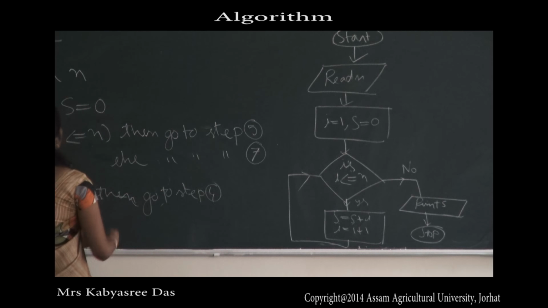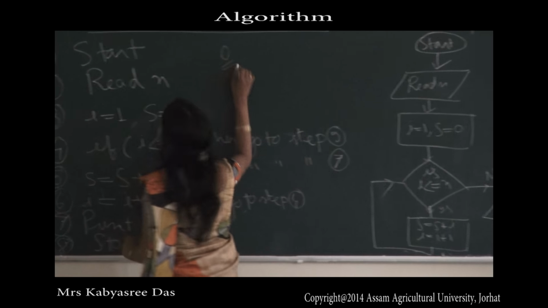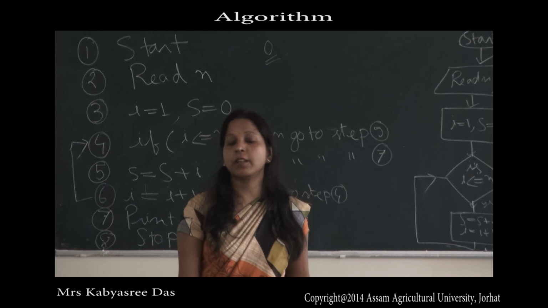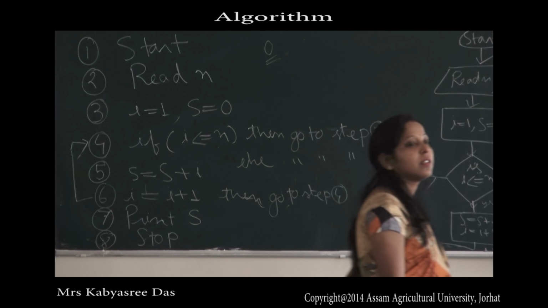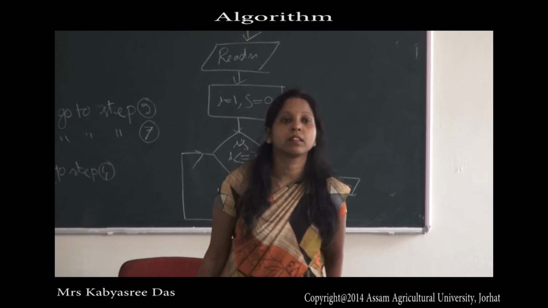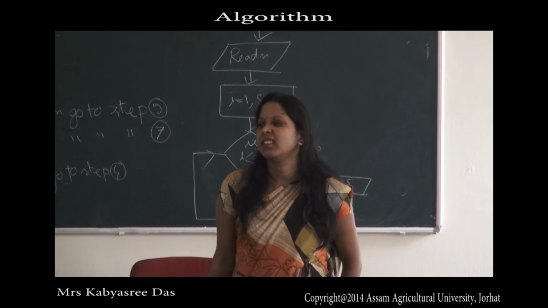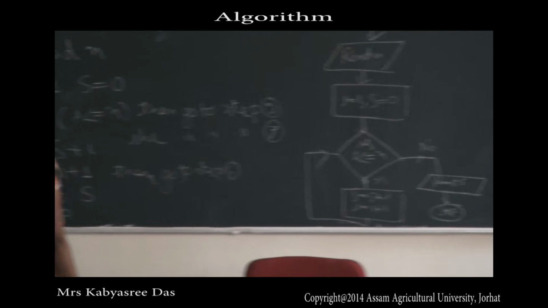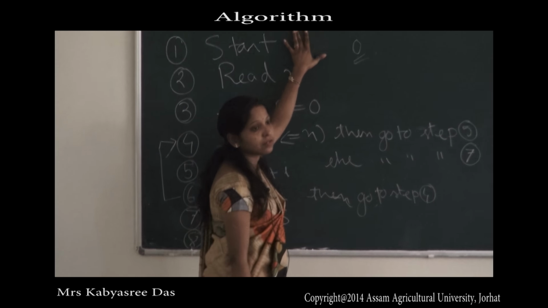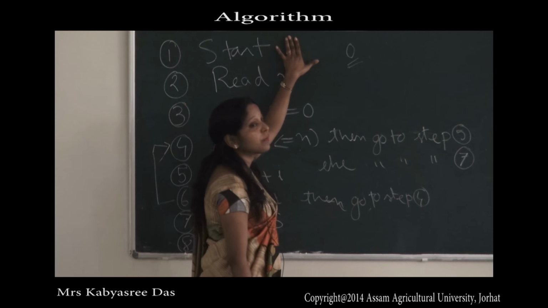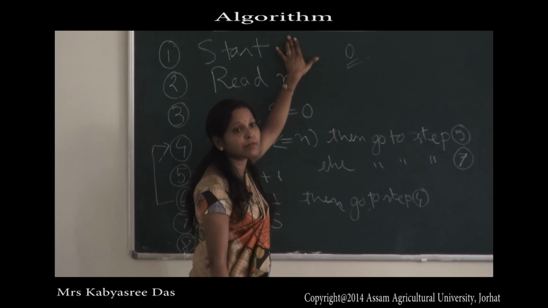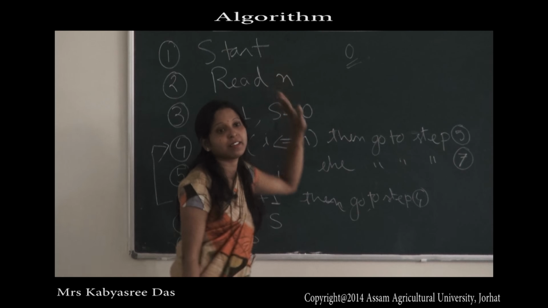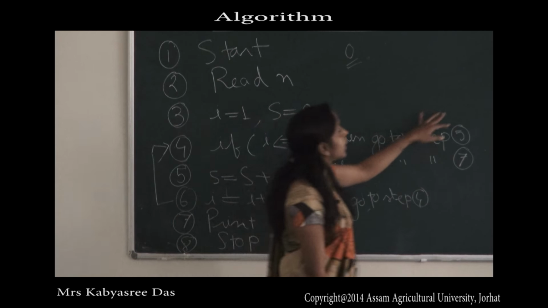If I input the number of terms as 0, then what should be the result? For this series, the problem is to find the summation of the series up to n terms.